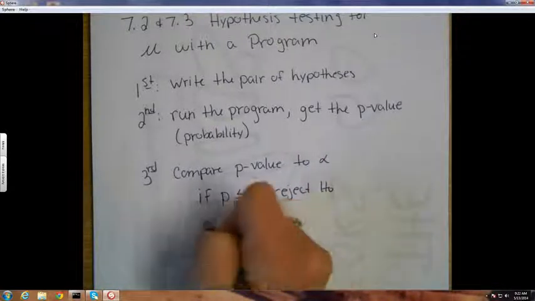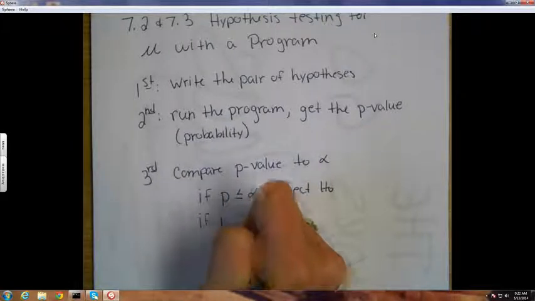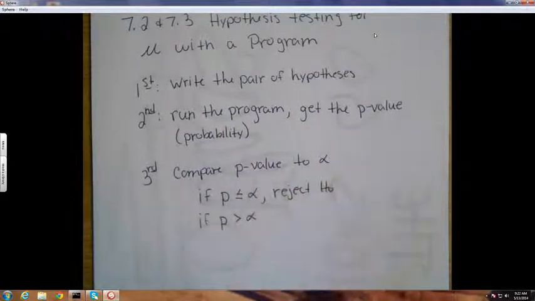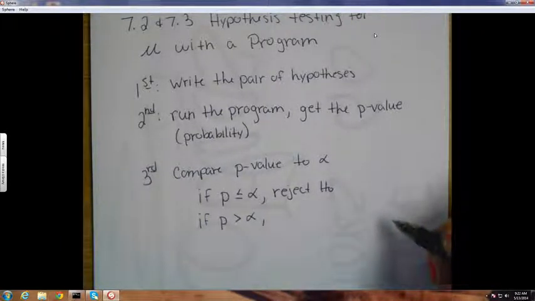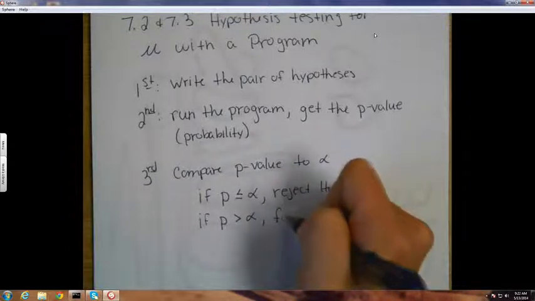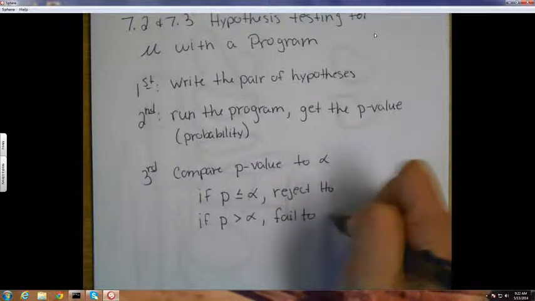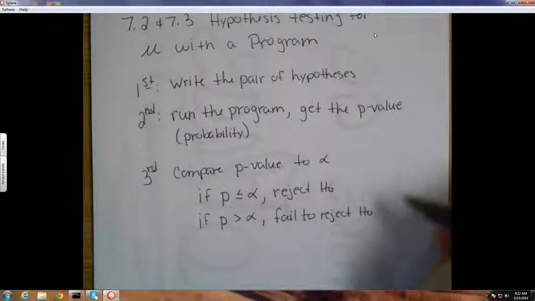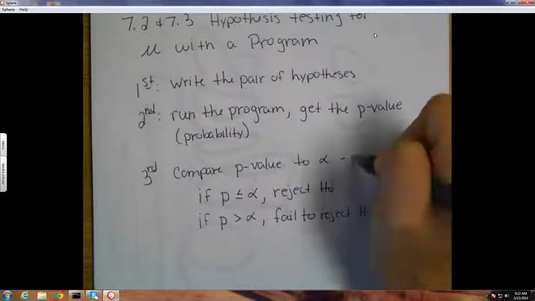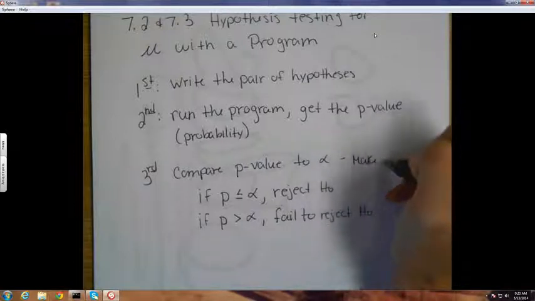So the other side of the coin, if the p-value is greater than alpha, what are you going to decide? Fail to reject the H-naught. So you compare and then you make your decision.